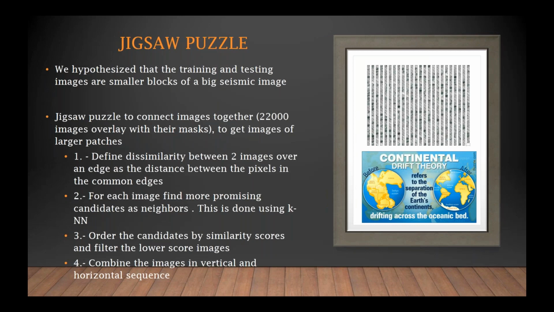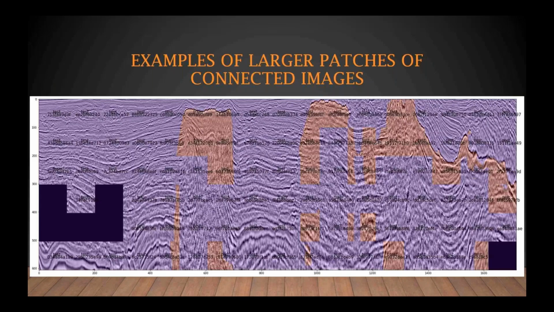Jigsaw puzzle. The last question that bothers us is, should we do quality control of the 18,000 images one by one? That's too difficult. So instead, we calculate a similarity score for each image at the four boundaries. Based on the similarity score, we eventually moved and connected the 18,000 images into 200 to 300 big patches.